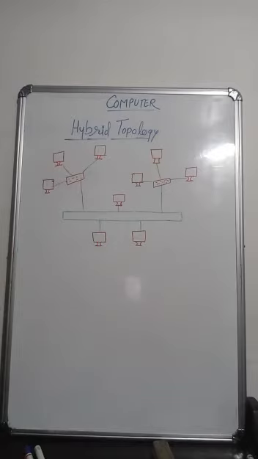These two topologies are ring topology and star topology. Okay, features of hybrid topology: it is a combination of two or more topologies, and it inherits the advantages and disadvantages of the topologies included.